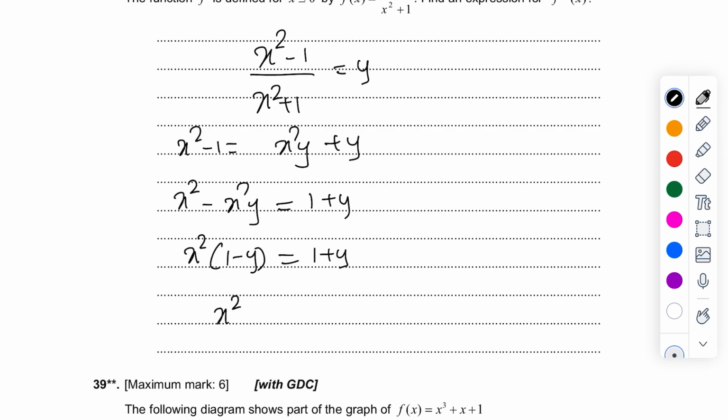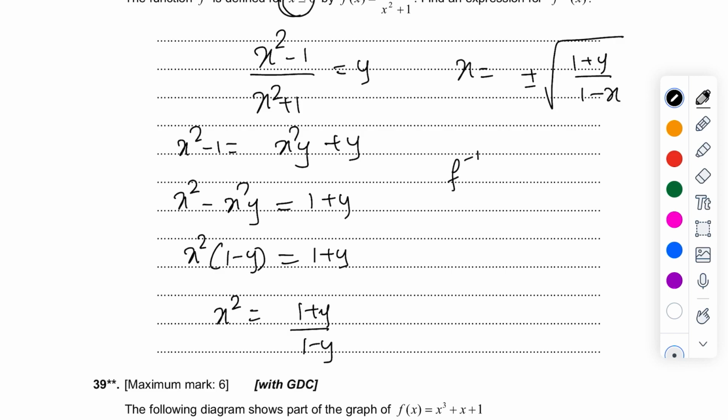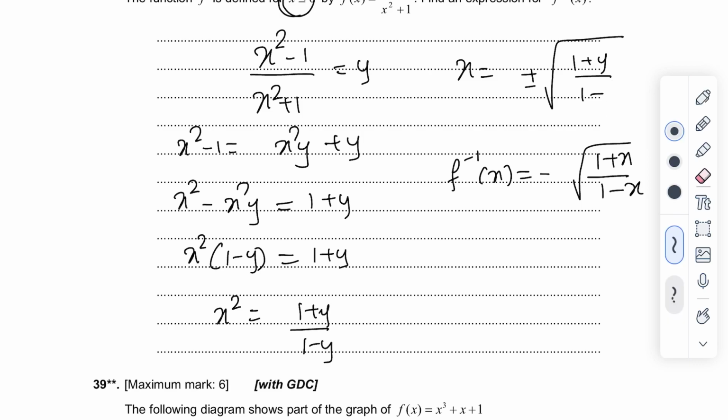So x square equals 1 plus y upon 1 minus y. So x equals plus or minus square root of 1 plus y upon 1 minus y. But it is negative, so therefore I am going to take only the negative answer: minus square root of 1 plus x divided by 1 minus x. This one was y, then replace y with x.